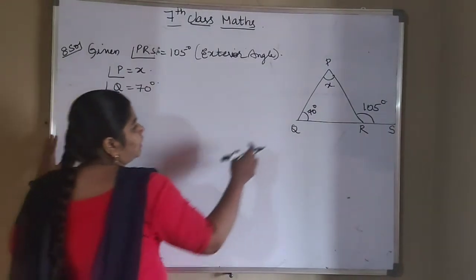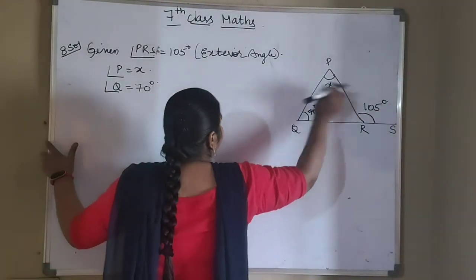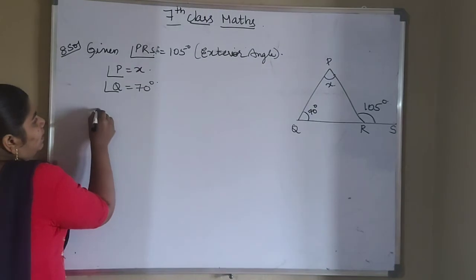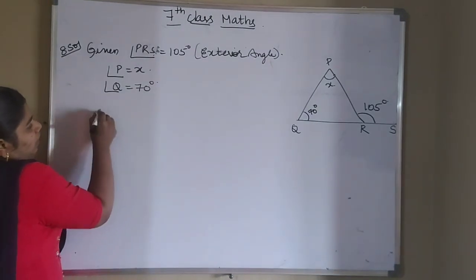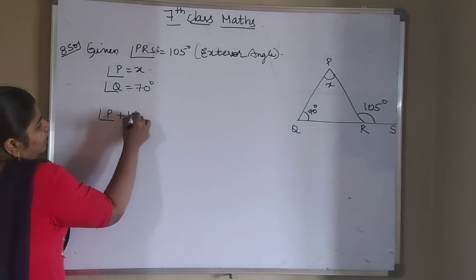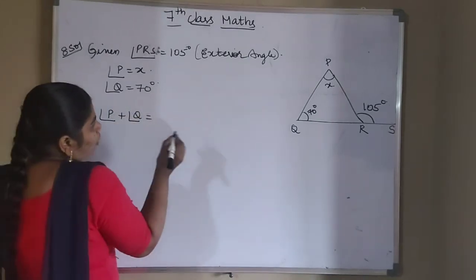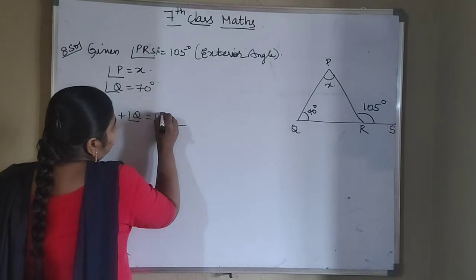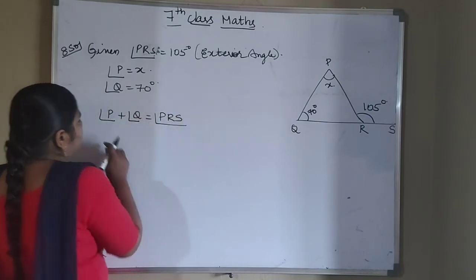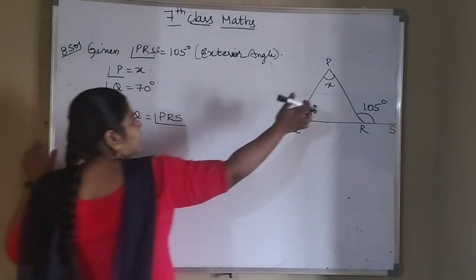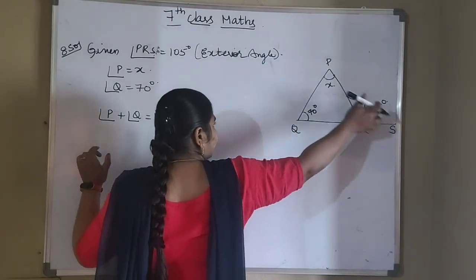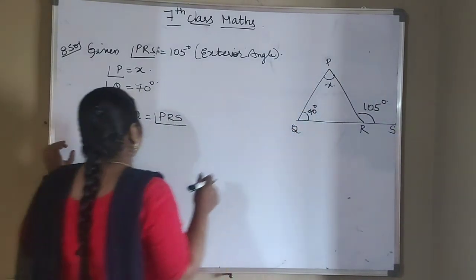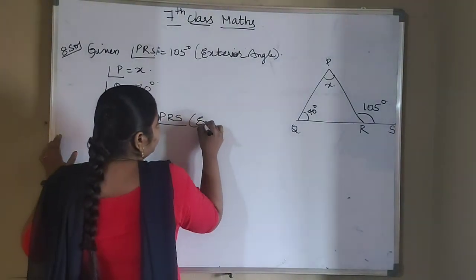So by using the exterior angle property, I am finding X degrees. Angle P plus angle Q is equal to what? Angle PRS. The sum of two interior angles, these two are interior angles, should be equal to the exterior angle. By using which property?